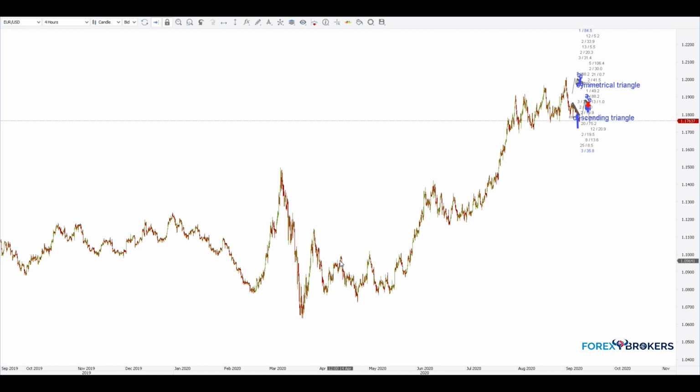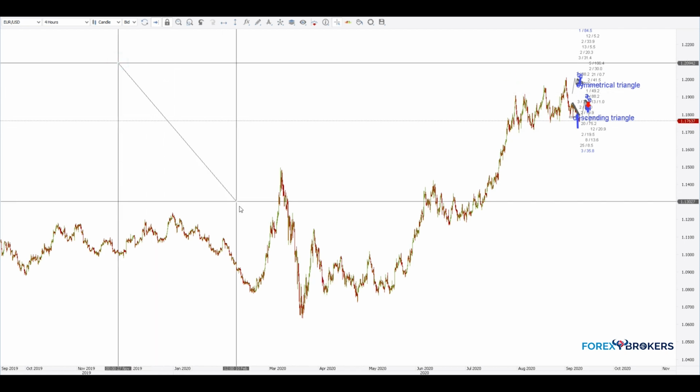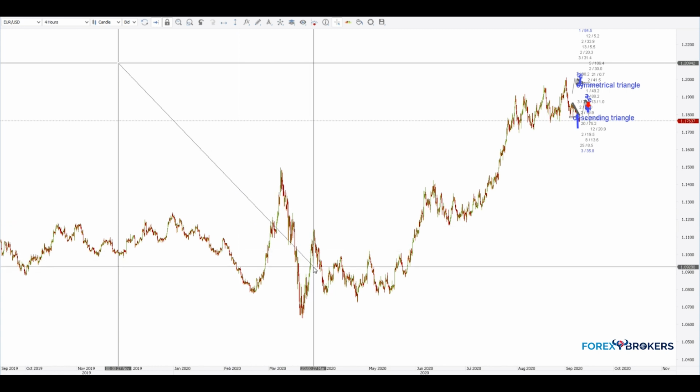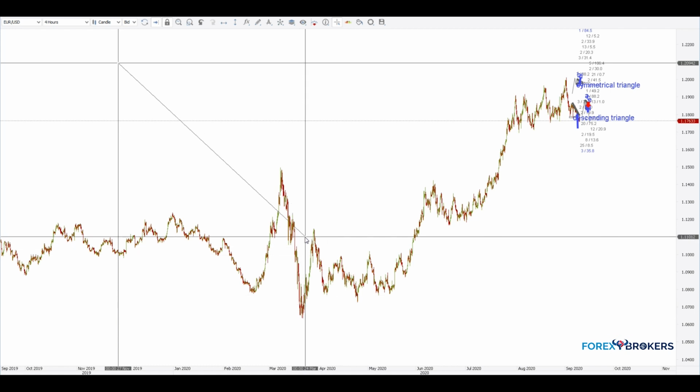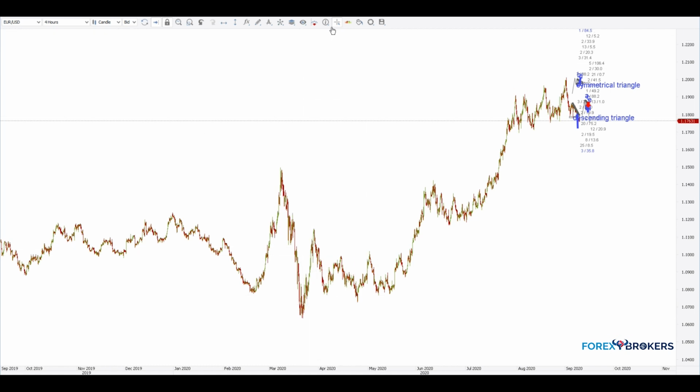The price action contracted into a tight area before it broke. This was a bearish trend moving down from 1.25 all the way to 1.06, and then the market formed a triangle that acted as a reversal pattern.